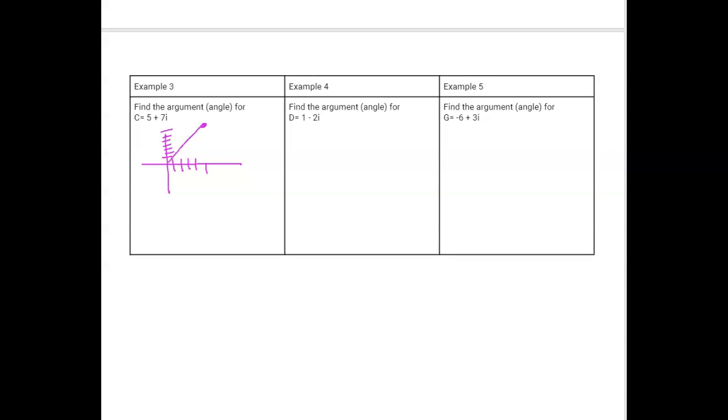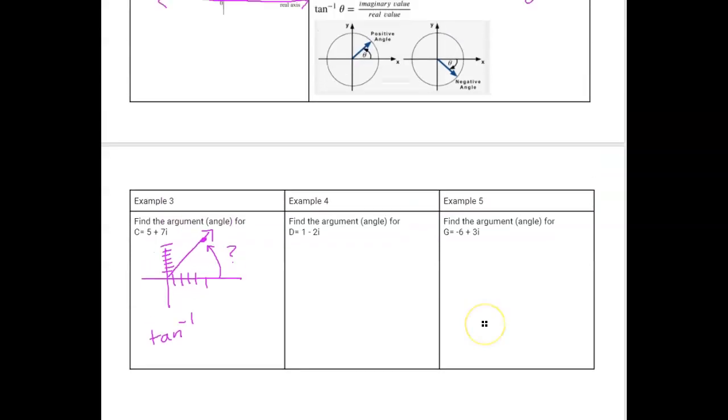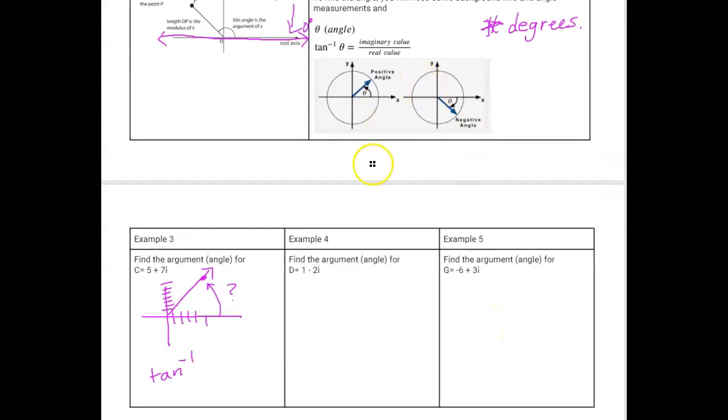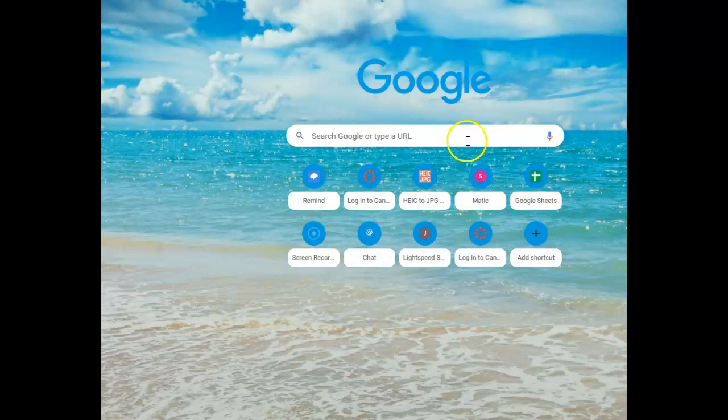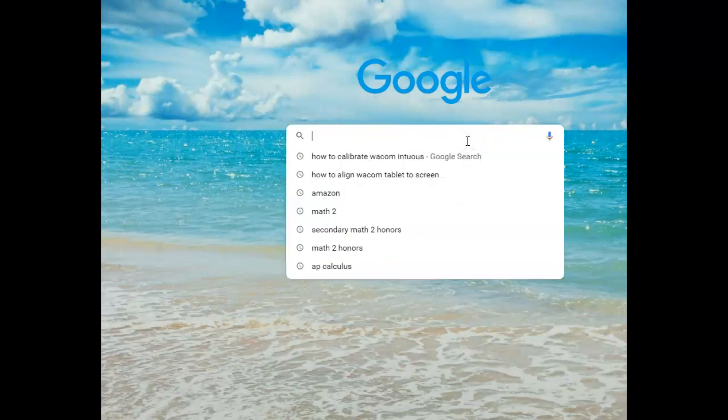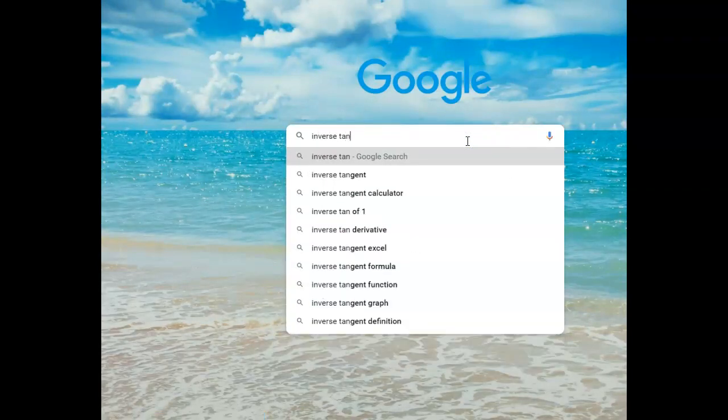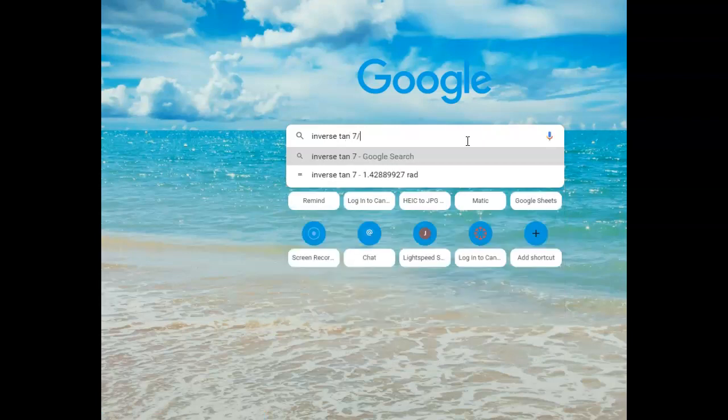So I would be looking for, from the positive side, I'm looking for this. So I've got inverse tangent, and let's scroll up, of the imaginary over the real. So the imaginary is 7, and the real part is 5. Okay, so I'm going to just bring up a calculator on the screen. So we're going to do inverse tangent of 7 divided by 5.